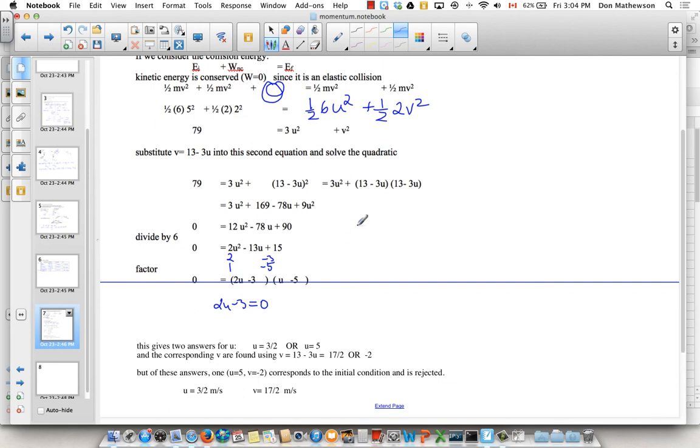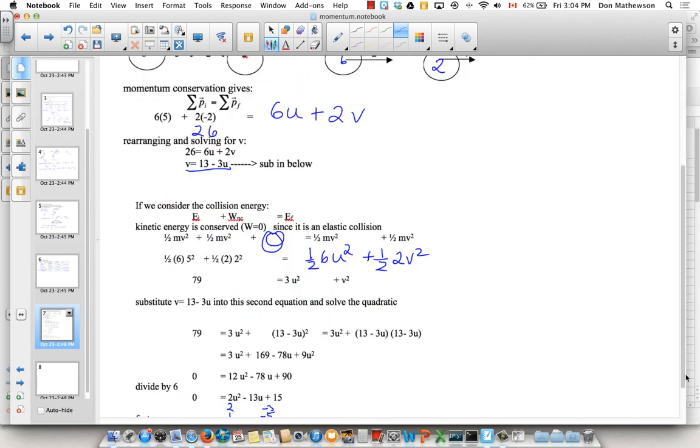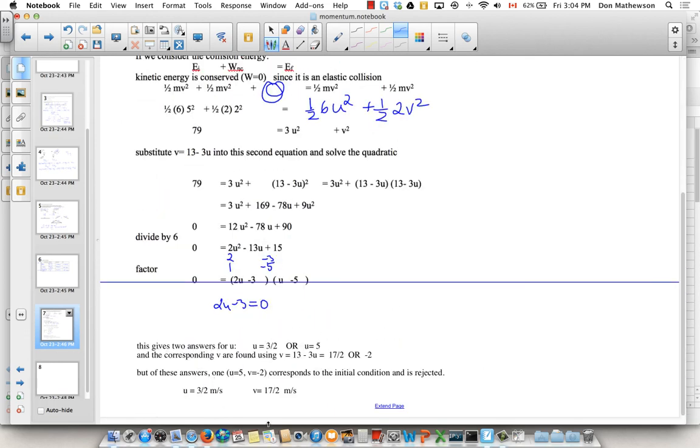So one way to conserve momentum and energy is just if nothing changes. If we look back at the initial condition, we'll see 5 and negative 2 is what we started with. So clearly, ending with that would not be acceptable. So we're going to reject that solution. This means the other is the solution to our elastic collision.